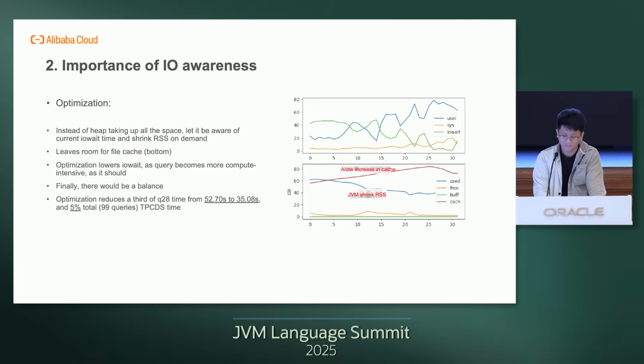And in return, the user CPU actually goes up because now it spends less time on I/O. And finally, there will be a balance. This optimization reduces Q28 time by a third, from 52 seconds to 35 seconds, and total TPC-DS time by 5%.